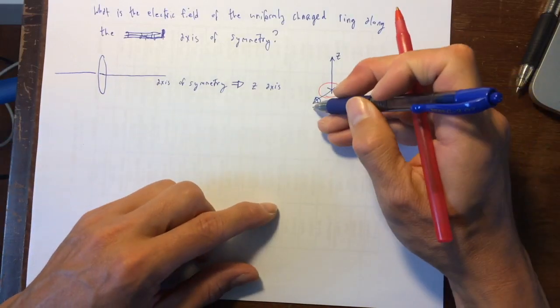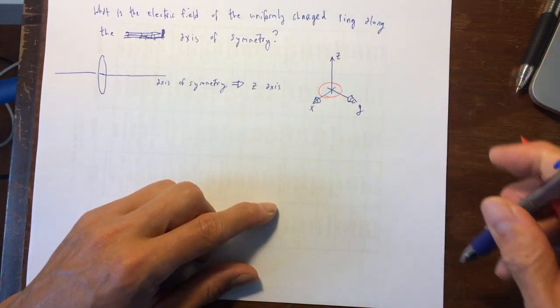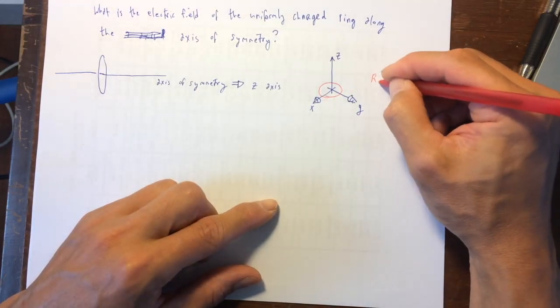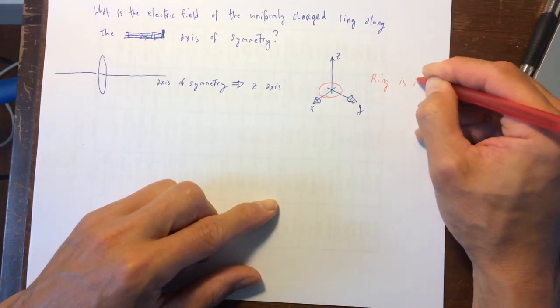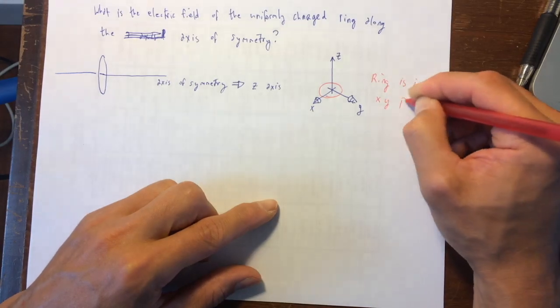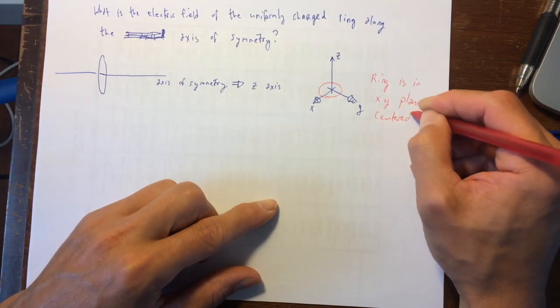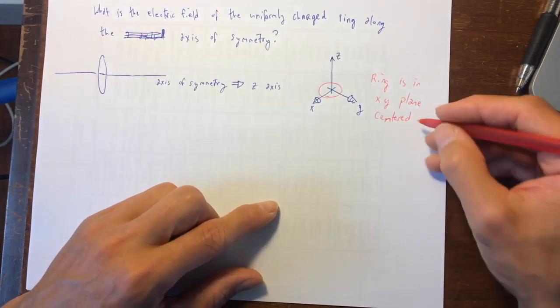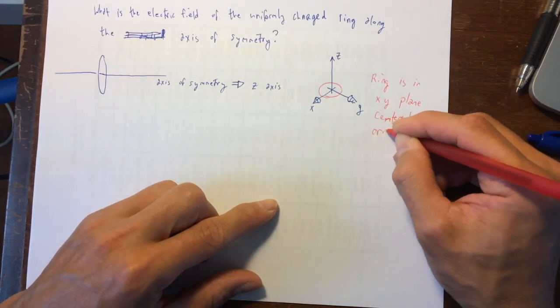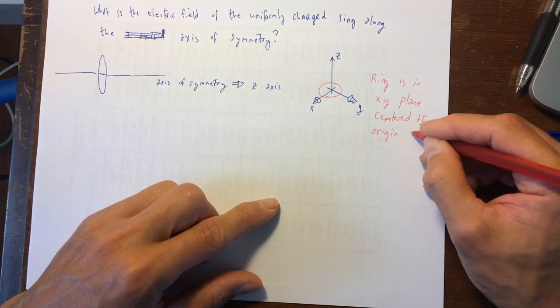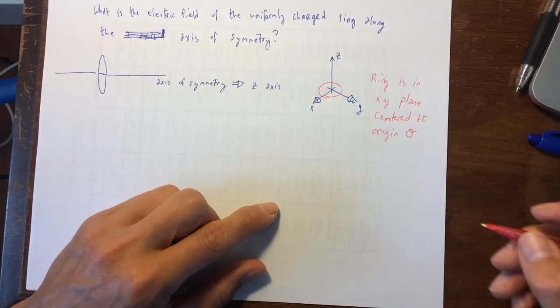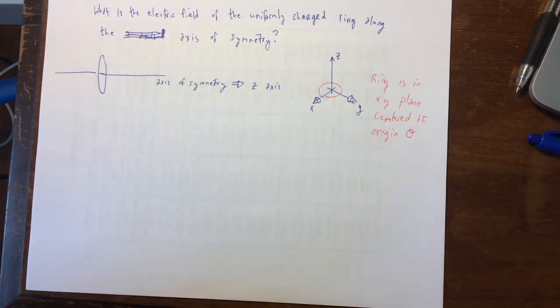So the ring is in the xy plane. And we'll say for simplicity, centered at the origin. I tend to use the symbol script O for the origin.